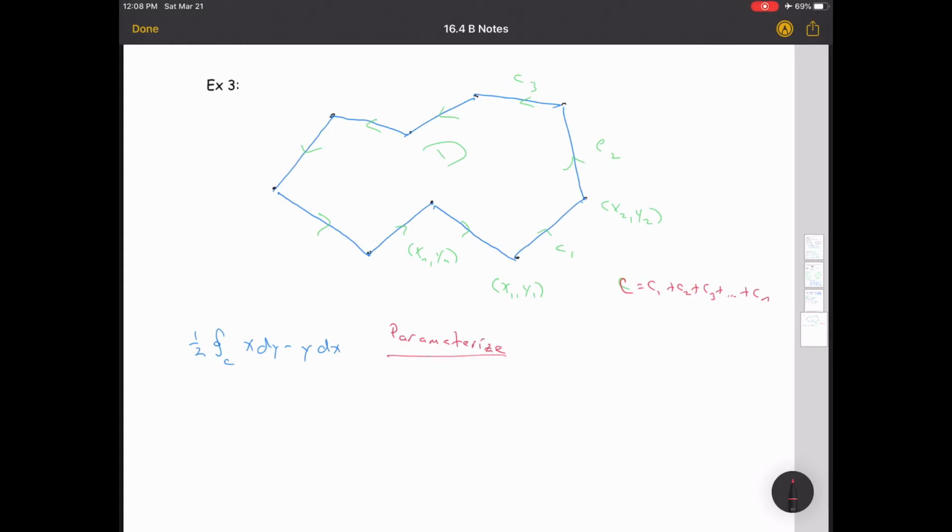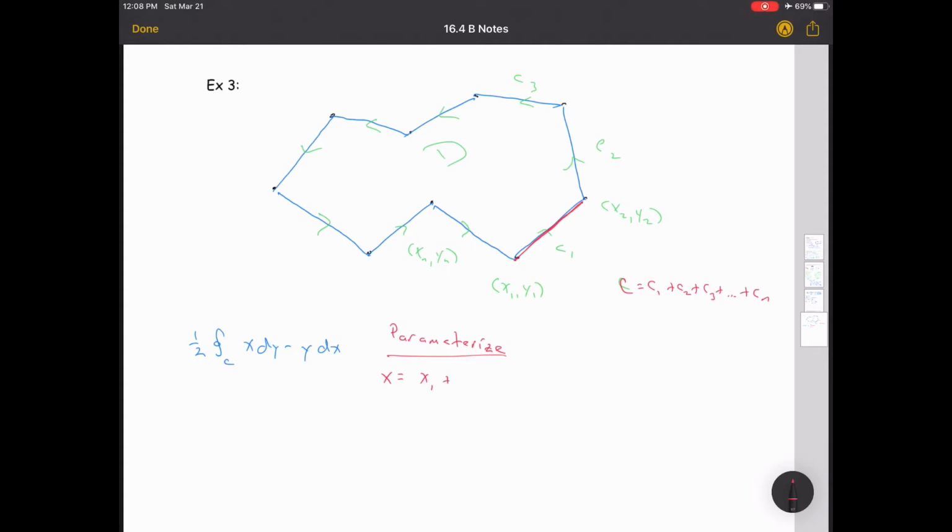If we're going to parameterize this, x, well, we're just going to start with this particular piece right here. And then we're going to show how to connect this to all of them. So x is going to start at x1, and it's going to go to x2, which means that we really have to find the difference between x1 and x2 in order to find what gets multiplied by t.